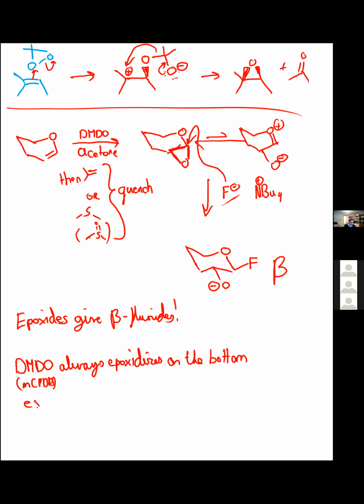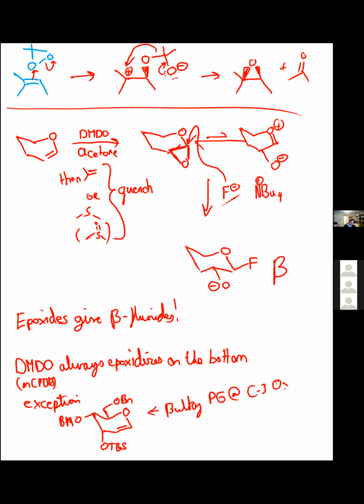The exception, and we're not going to encounter it, but I just like pointing it out because it's just weird, is if you use one of these ultrose sugars. I guess it needs to be a glycal. Bulky PG, protecting group, at the C3 oxygen.